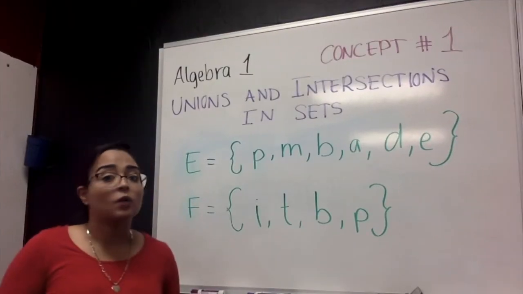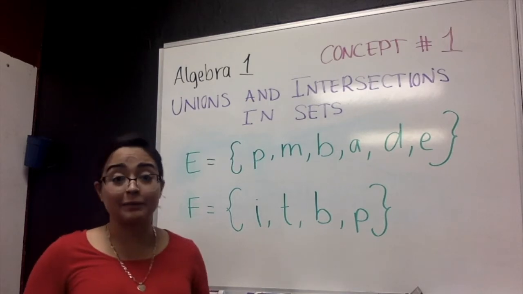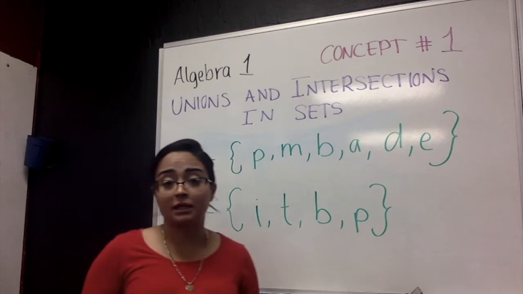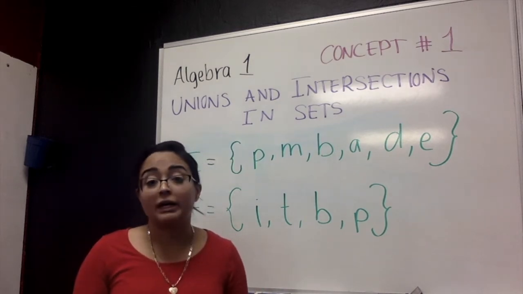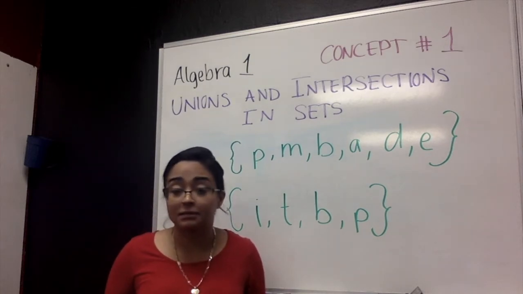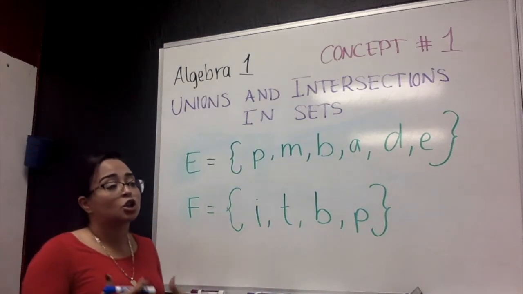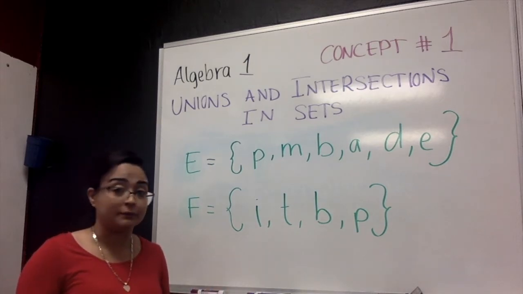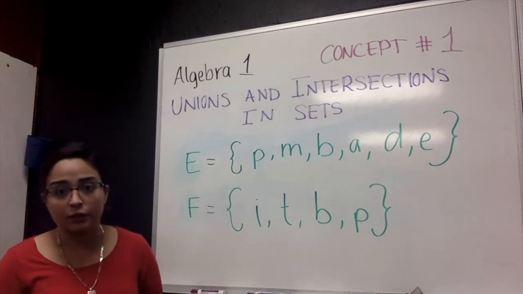Now let's go in with another example. In this example, we're just working with random letters. These are not variables. Like I did with the items in my pockets to identify unions, intersections and disjoint sets, we can also use random letters. Just always think about it like I had said before.